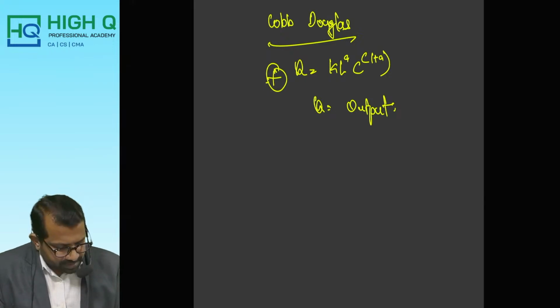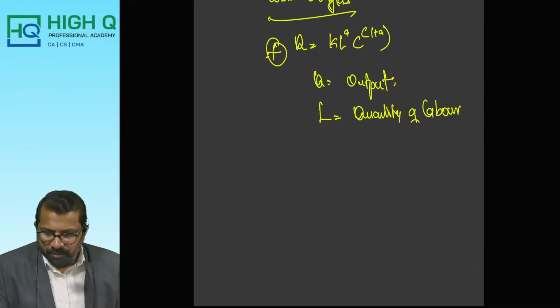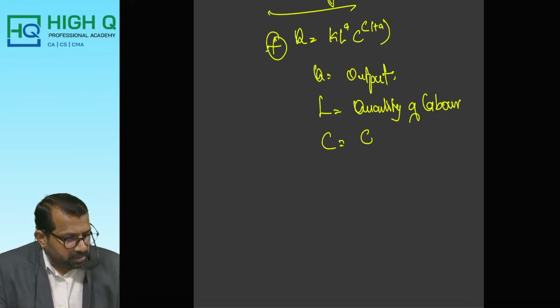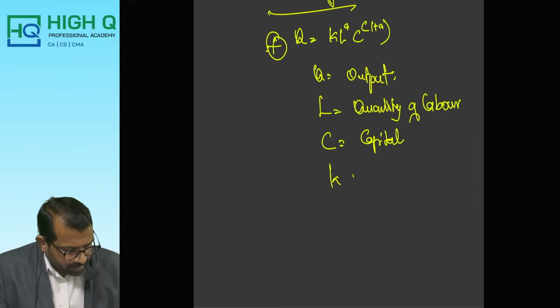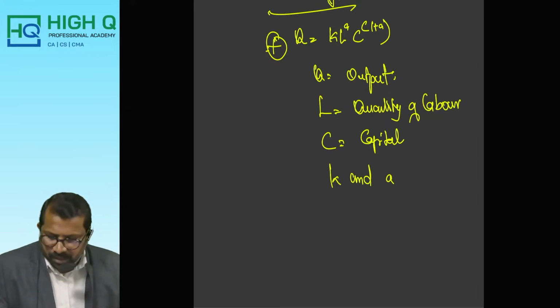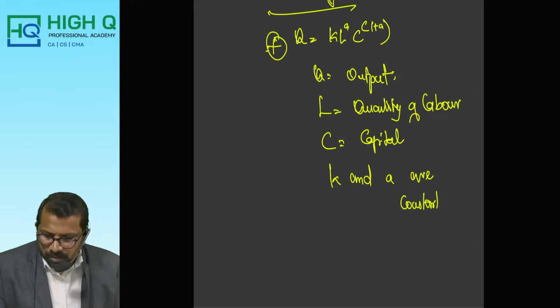L represents quantity of labor, C equal to capital. K and A are constants.